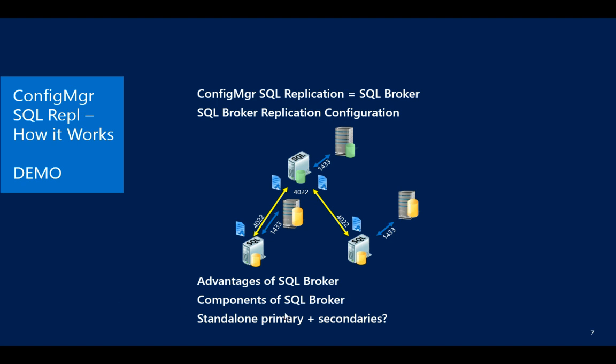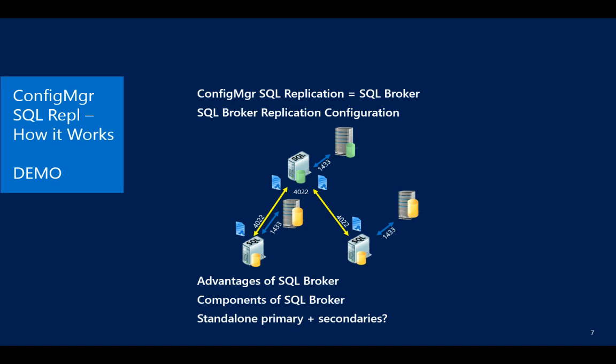So then the question sometimes comes up about standalone primaries. I mentioned as we got started that a standalone primary can actually help you avoid some of the complexity of ConfigMgr SQL Replication. Not that ConfigMgr SQL Replication is bad, it's not. It works well most of the time.